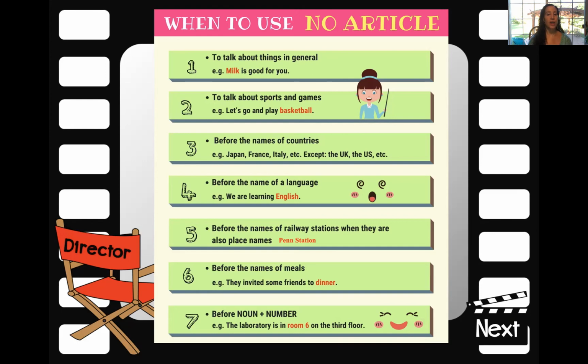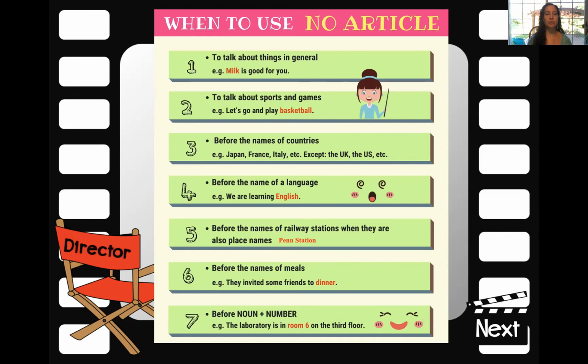Now, if we have United or Kingdom in the names of the countries, then we use the, because it's kind of plural. Because it's a proper noun in the United part and the United Kingdom or the United States, we use the. These are exceptions. So sometimes the rules are not always the rules. I told you English can be tricky.